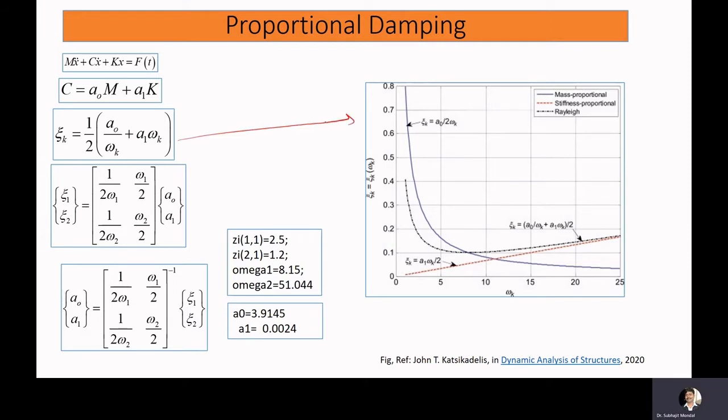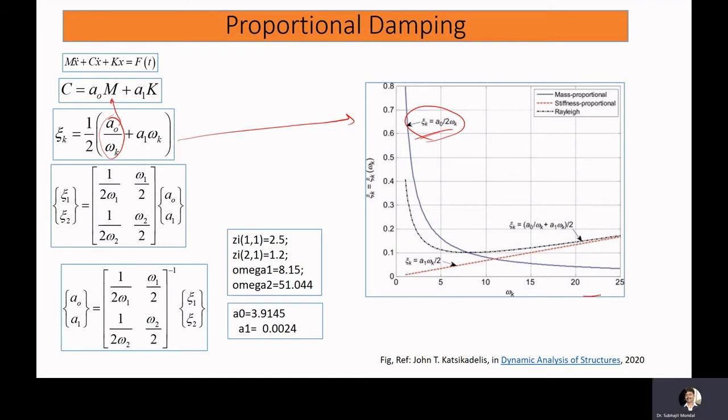Here if you see this formula and try to plot it in a graphical representation, you can observe that if the frequency is very low, at that time your damping matrix is dominated by your A0 term, the first term, which is related to the mass. So you can say this is a mass proportional damping matrix.